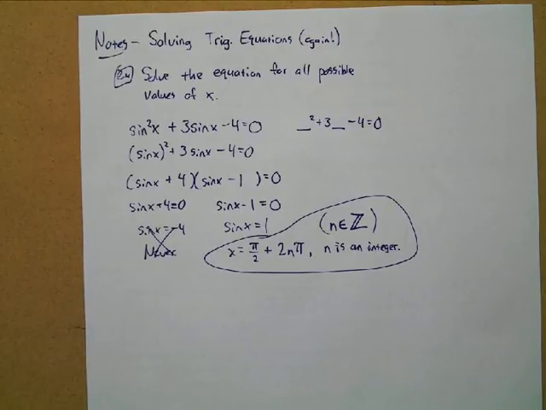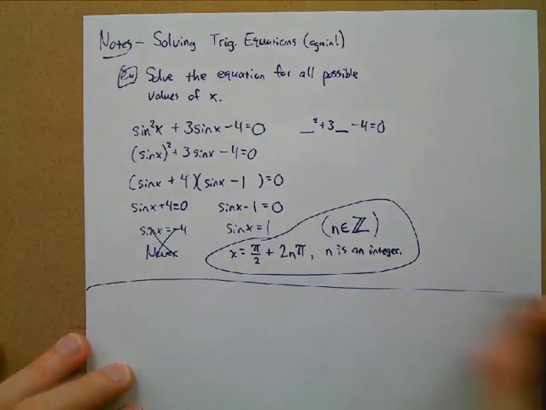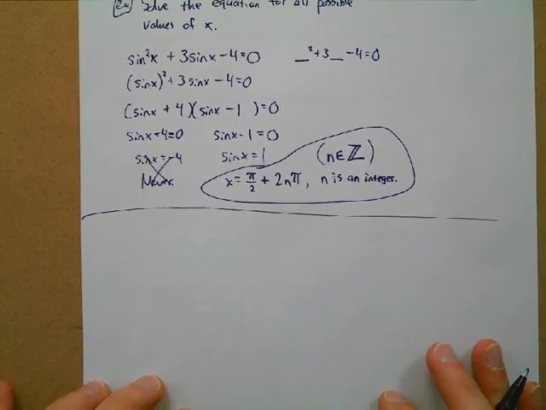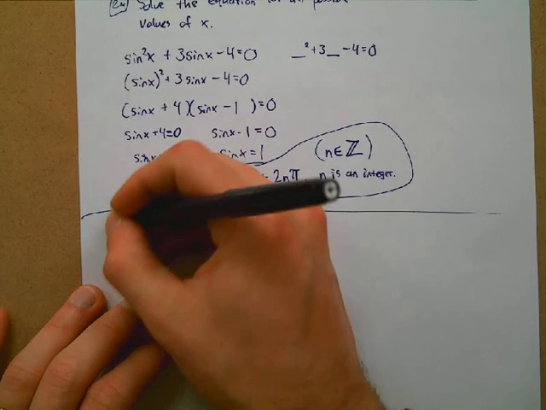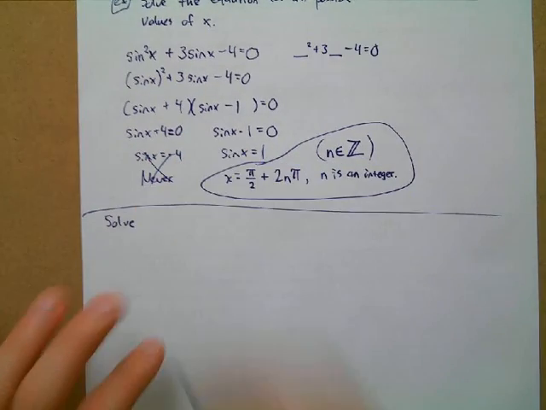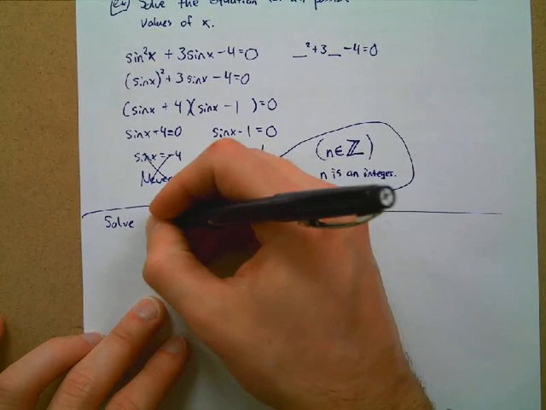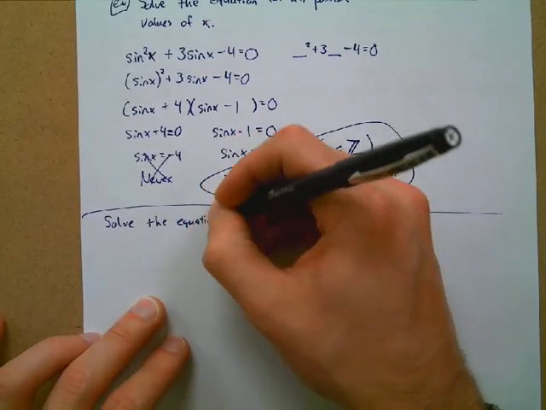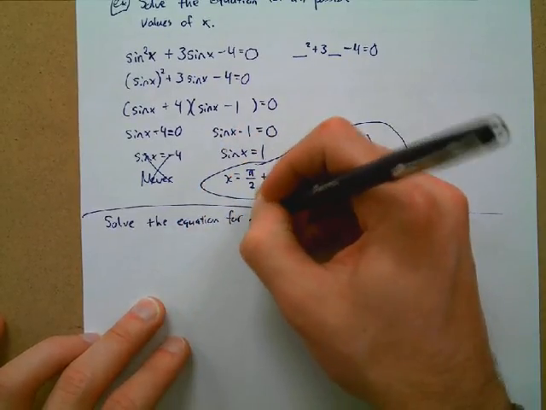Okay. So let's try another one here. Let's solve the equation, again, for all possible values of x. Okay.